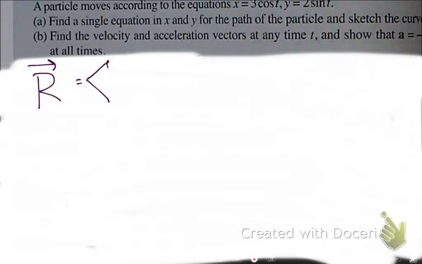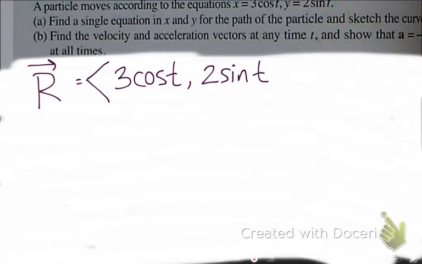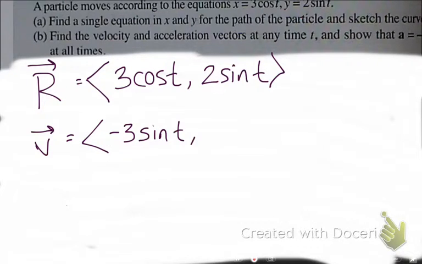So x is 3 cosine t, because this is just the position, and then y would be 2 sine t. Then v is the velocity vector, so it's dx/dt comma dy/dt. What's the derivative of 3 cosine t? Perfect. And what's the derivative of 2 sine t? 2 cosine t.